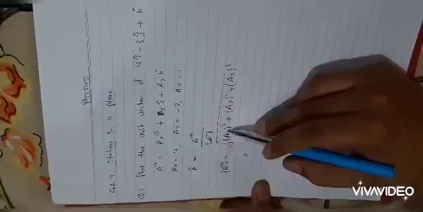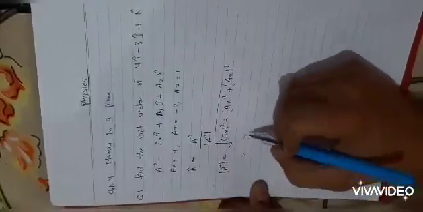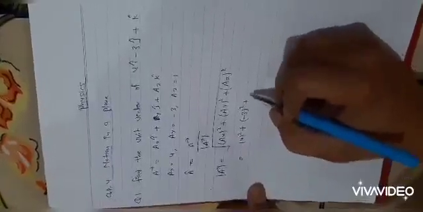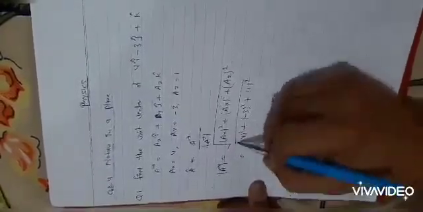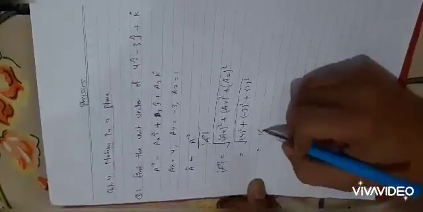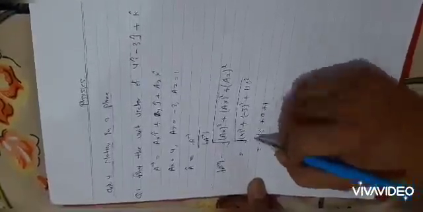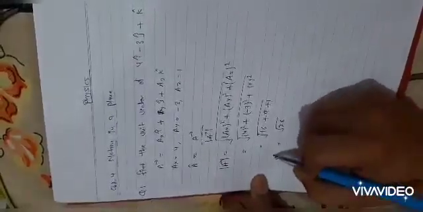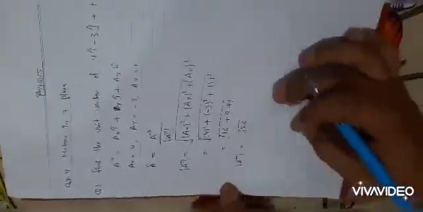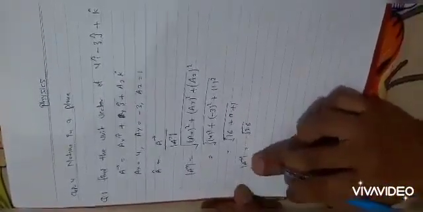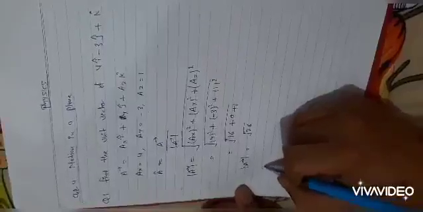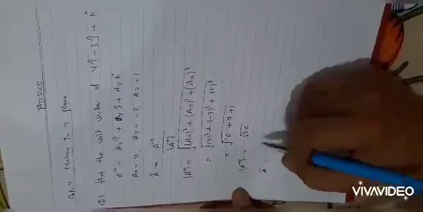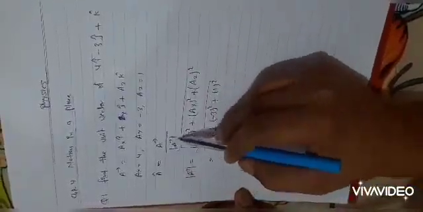Now we have the value of ax, that is 4. So it will be 4 square plus minus 3 square plus 1 square, and we get 16 plus 9 plus 1, that is 26 under root. Now we have the magnitude of vector A. Now we can simply write the unit vector will be A vector upon the magnitude of the vector.